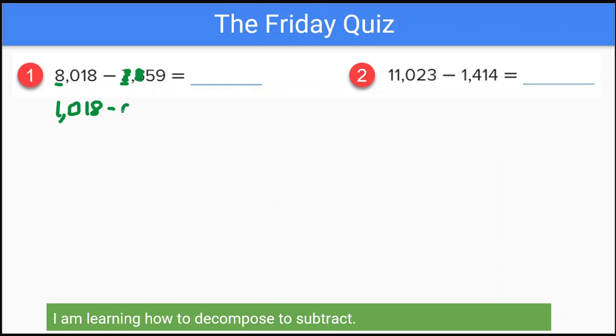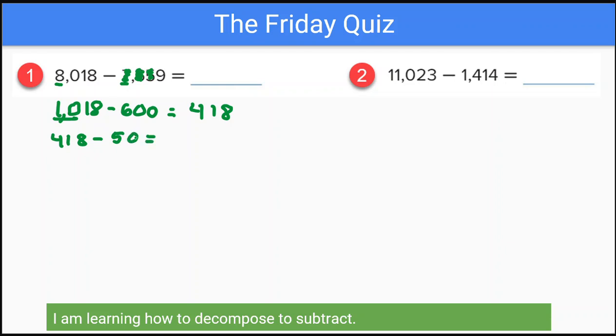Okay, now we're going to take away this 600 right here. Okay, take away 600. Well, this is like 1,000 is like 10 hundreds. So there's like 10 right here, 10 hundreds. Take away 600s, leaves us with 400s, and we got 18. So that's 418. All right, and then we go 418. Take away this 50 right here. So minus 50.